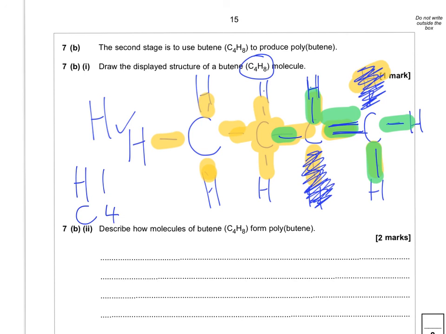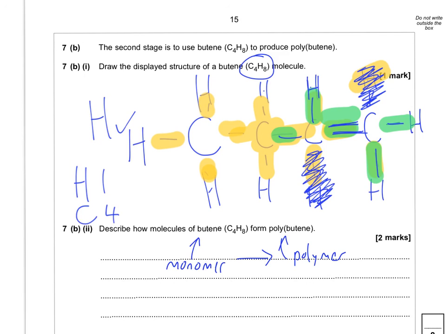And then finally we get a question that is asking us how polybutene differs to butene. For this one, butene is what we call a monomer. Polybutene is a polymer, i.e. this thing makes up that thing.